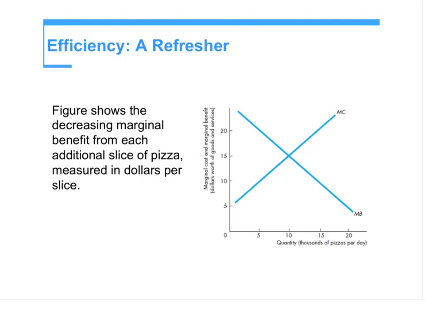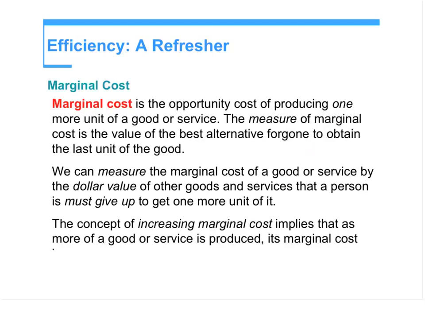Marginal cost is increasing and marginal benefit is decreasing as the number of pizzas increases, because you have the extra cost per extra slice you're incurring. But it gets to a point that the marginal cost is not worth it for the marginal benefit you get. You get way less marginal benefit compared to marginal cost.